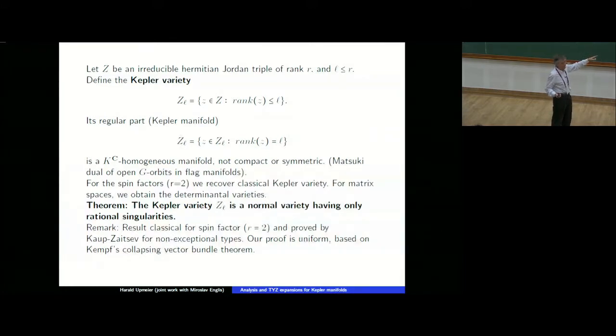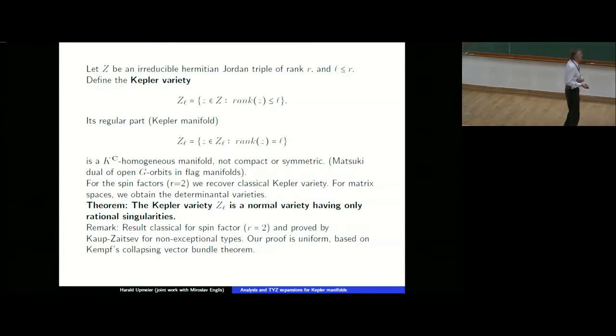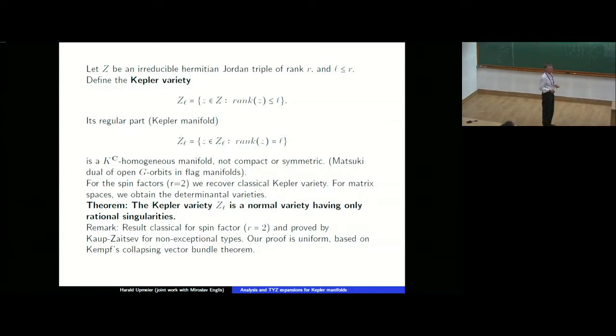They are not compact, they are unbounded, they are not symmetric spaces, and they are precisely the Matsuki duals of open orbits. The Kepler varieties correspond to the open orbits. There is a big project to do it also for other orbits. It comes later, but right now these Kepler varieties have a good setting within this general theory of flag manifolds.